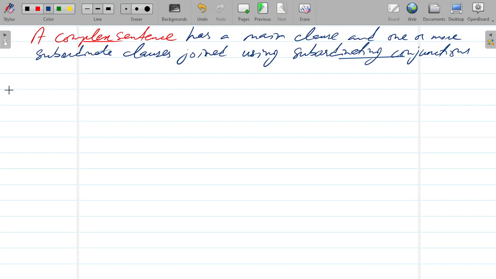The subordinate conjunctions with regards to their meaning, we'll start with the ones that give you a meaning that has to do with time.